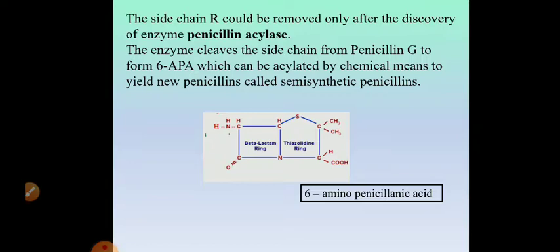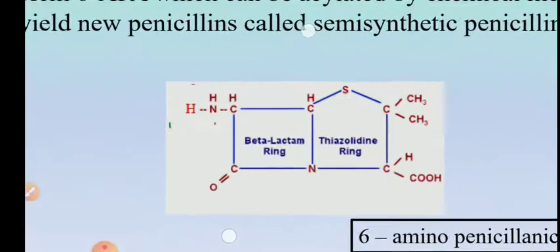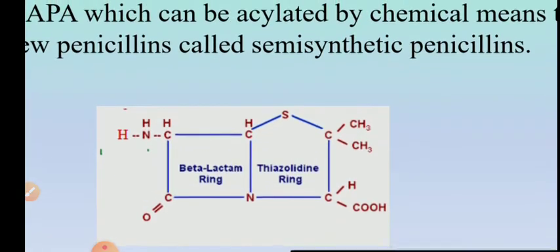The enzyme penicillin acylase cleaves the side chain from penicillin G. Because corn steep liquor in the medium produces penicillin G only, when penicillin G is treated with penicillin acylase, the side chain phenylacetic acid is removed to form 6-amino penicillanic acid, the basic molecule.